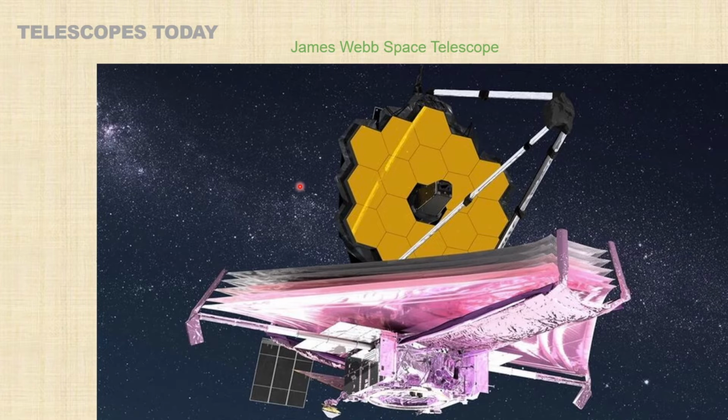We're talking about millions, billions of light years away. And this is what this telescope is designed for, the James Webb Space Telescope, the most expensive telescope ever built, more than $10 billion. It was launched a few months ago.